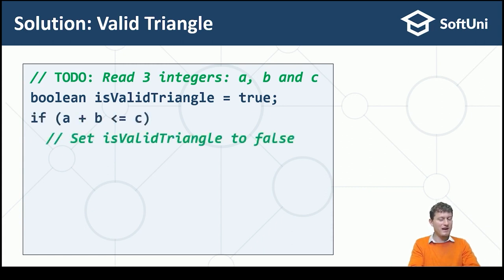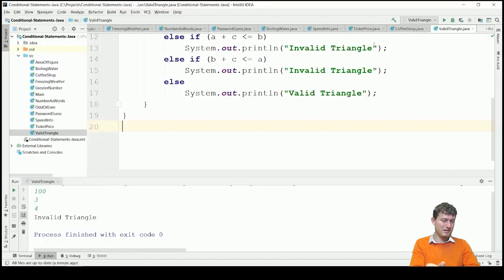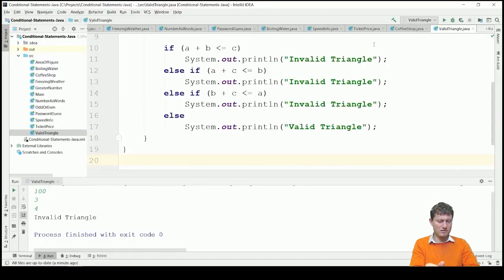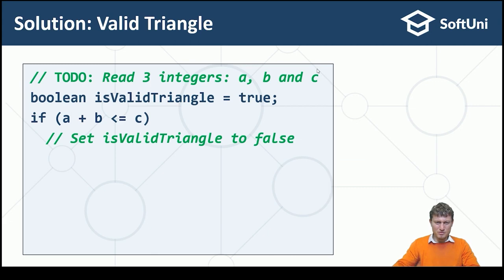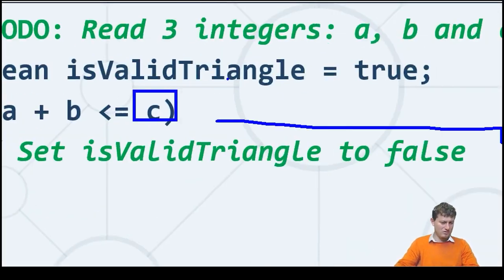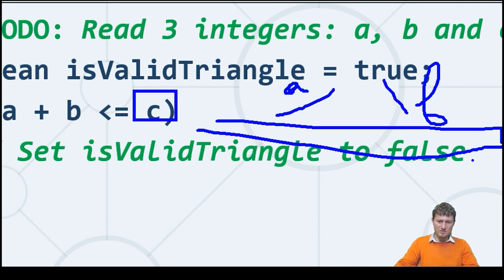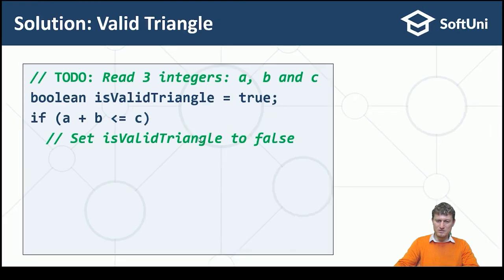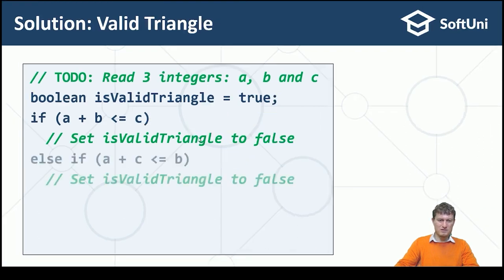So if I find that A plus B is less than C, so if C is too long, this is A, small B, and very long C, we say the triangle is invalid.